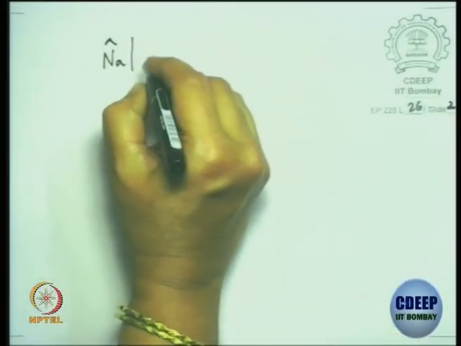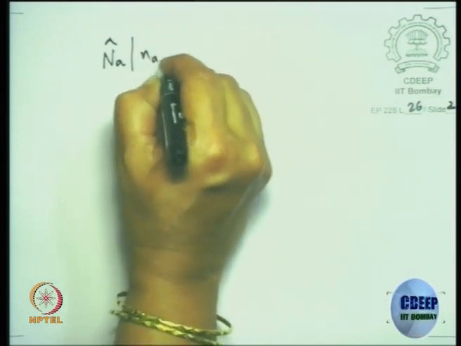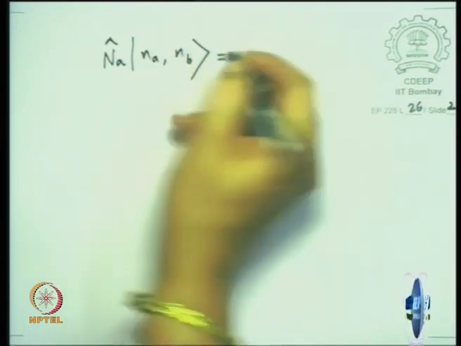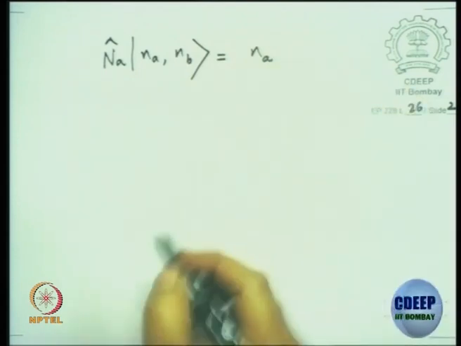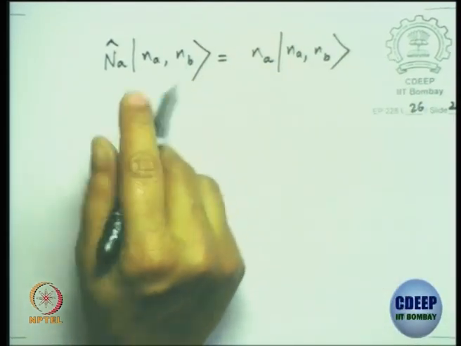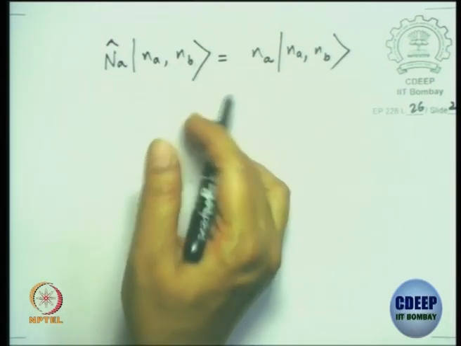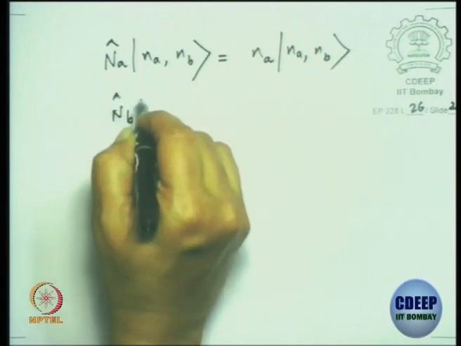Okay? So let's do that. So what did we see? We saw that the Na operator could operate on a state which is Na and Nb and give me Na. I can write a state as a simultaneous eigenstate of both the oscillators because they commute. Similarly, Nb.